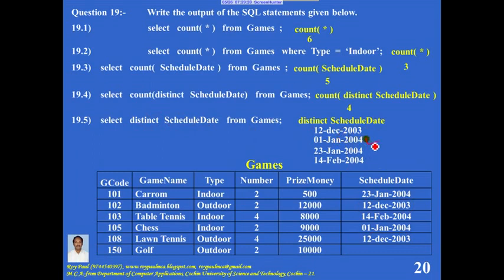And in the case of 2004, January comes first because January is 1, followed by February. And here 2 January is there. So you should check day. Here 1 comes first followed by 23. So when you write distinct followed by column name, the duplicate value is written only once and the values are written in ascending order or alphabetical order.